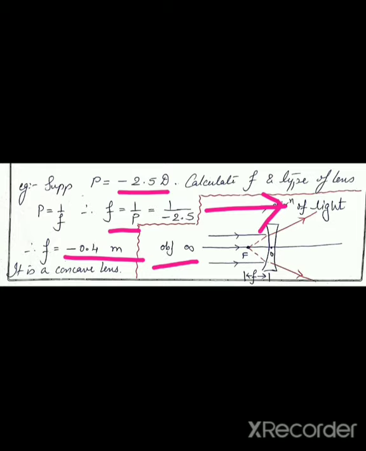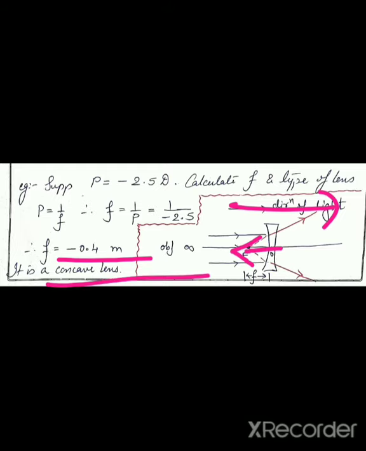If I want to measure this focal length, I will be moving in the opposite direction. I have to start measuring from the optical center. This was the direction of light, and if I start measuring the focal length from the optical center, I have to move in this direction, which is opposite to the direction of light, and therefore the focal length will be negative. So when I obtain a negative focal length, I'll be able to identify easily that this lens is a concave lens.